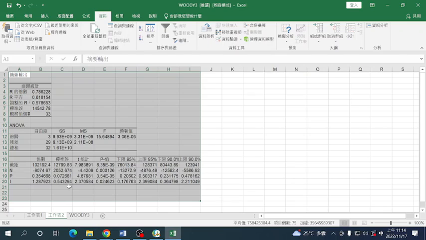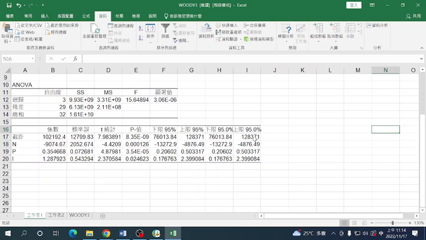Then there's a new variable. This one shows 95% and also the 90%. So you see the difference. Here is 95 and 90% since I changed the confidence level. All right. And let's come back to the 95%.